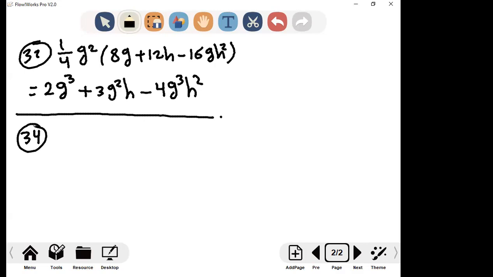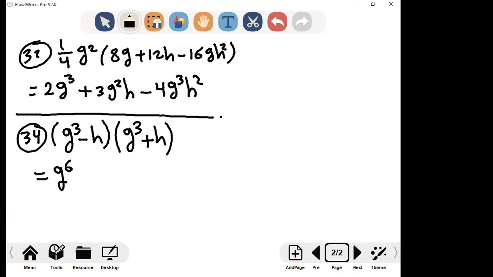34, we have g power 3 minus h multiplied by g power 3 plus h. Focus with me, please. Equal. G power 3 times g power 3, g power 6. G power 3 times h, plus g power 3 h, it's the same, right?